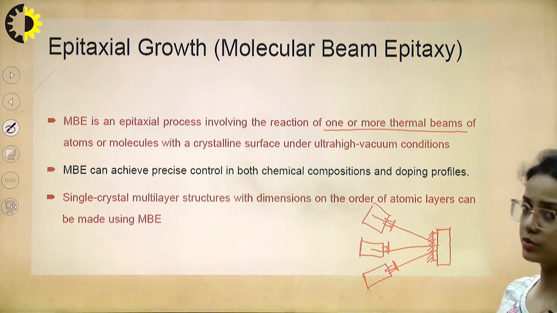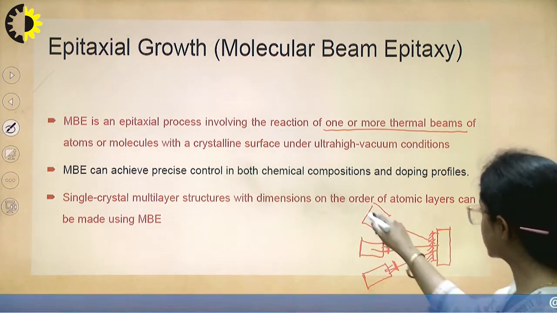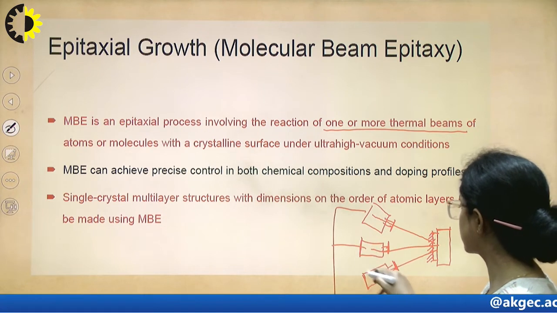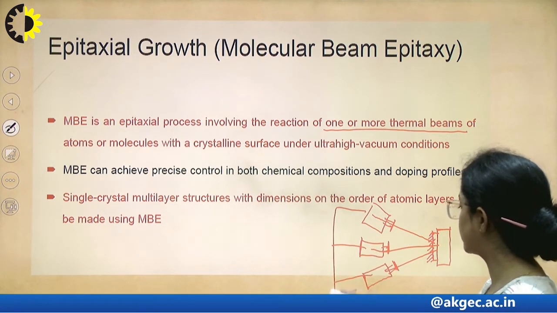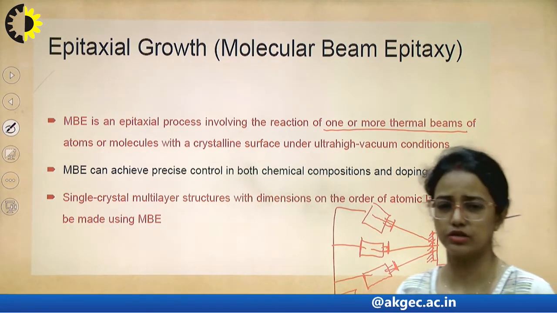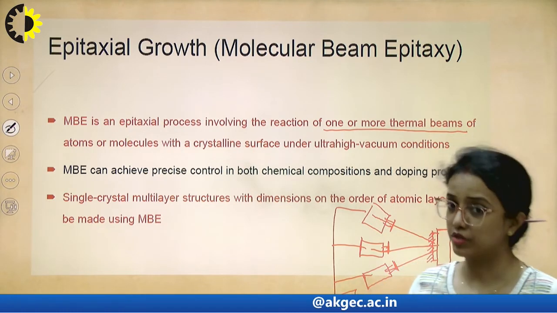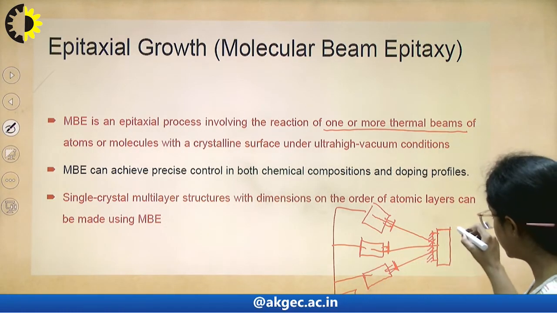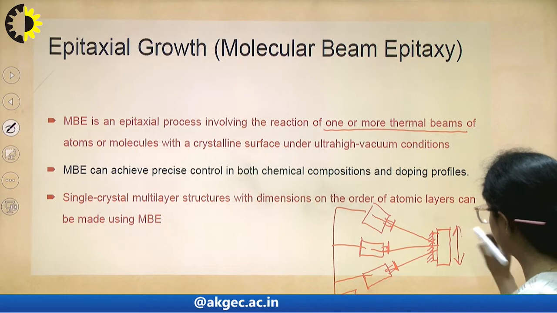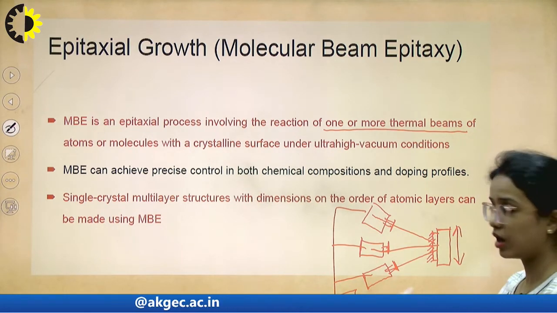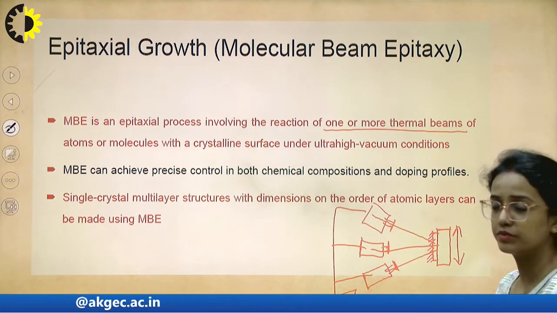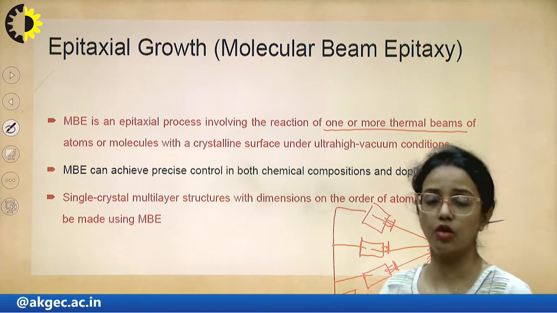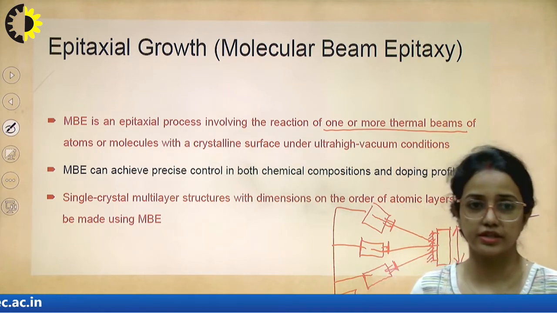This is how the process goes on. Of course, we need a control system which will monitor the opening and closing of the shutter. And one more thing, we also need to move this wafer susceptor up and down so that equal and uniform growth of the epitaxial layer takes place.